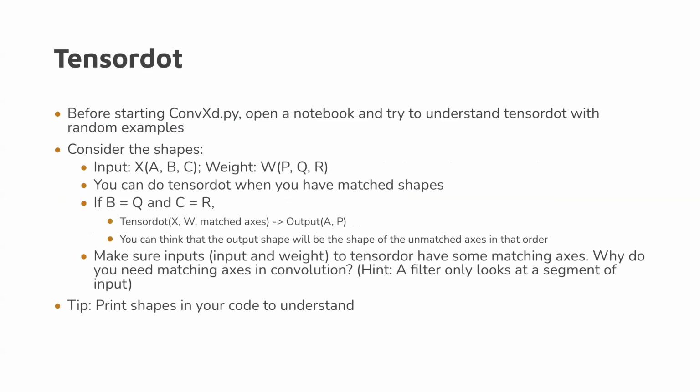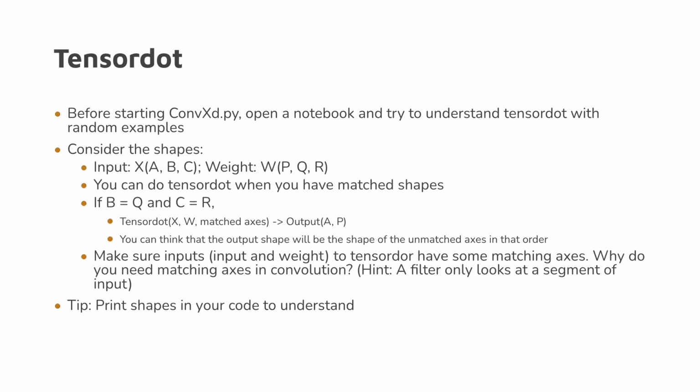So we can take one example which helps explain the functionality of tensordot. Here we have an input X, which has dimensions A comma B comma C, and we have another matrix W, a weight matrix, which has dimensions P comma Q comma R. When we are performing tensordot, we look at the dimensions along which the shape matches.